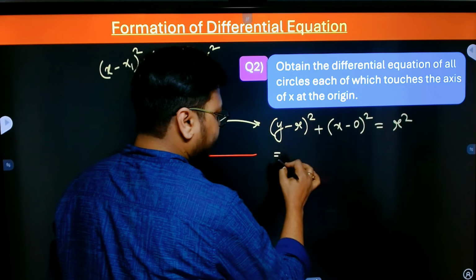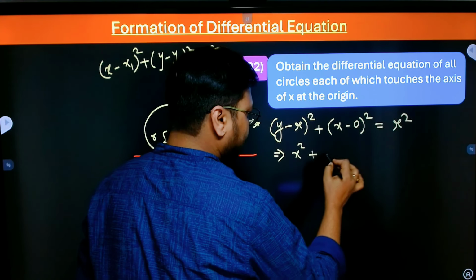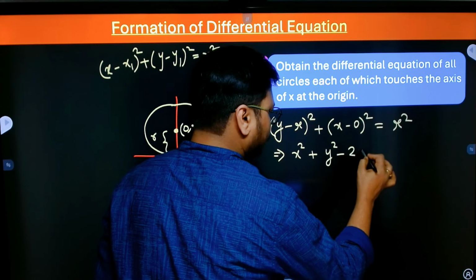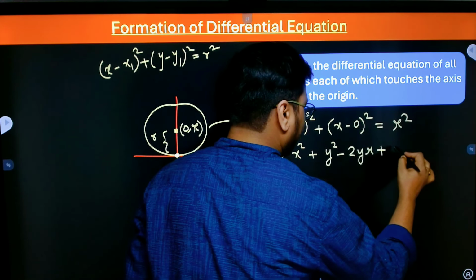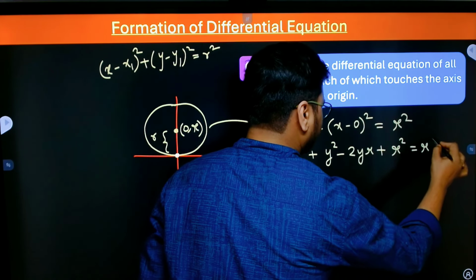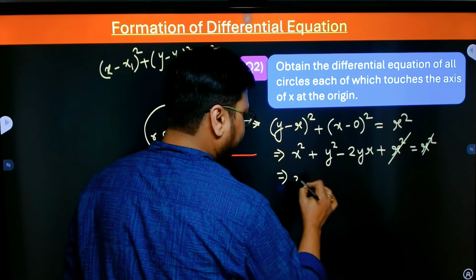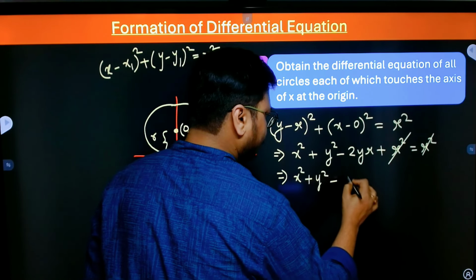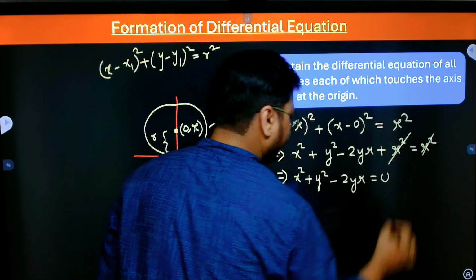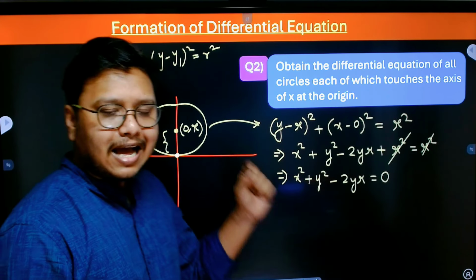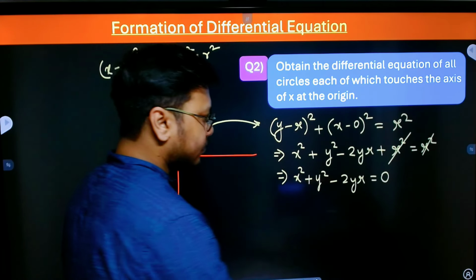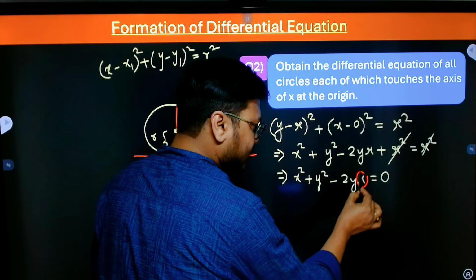That would give me x square plus y square minus 2yr plus r square equals r square. I can cancel out the r square from both sides, and I have x square plus y square minus 2yr equals 0. I can see I have just one unknown constant over here, which is r, right?